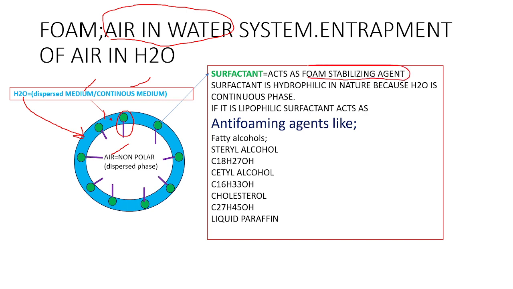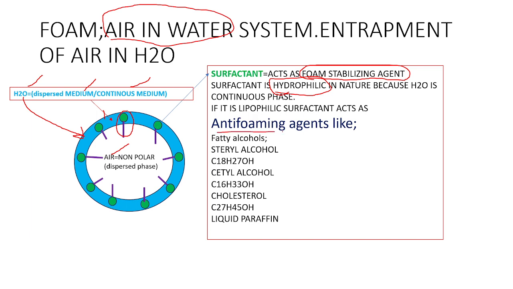The surfactants must be hydrophilic in nature. We always select the surfactants based on the continuous phase. In foam, what is the continuous phase? Water. If the continuous phase is water, definitely we need to select the hydrophilic surfactant. Hydrophilic surfactants only act as foam stabilizing agents.